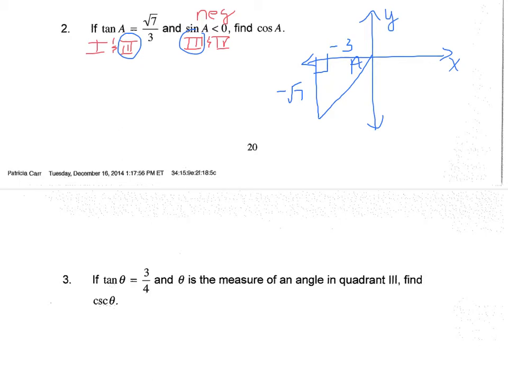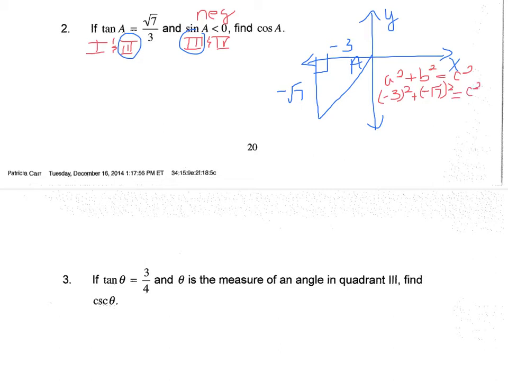It's not a Pythagorean triple, so I'm going to have to do a squared plus b squared equals c squared. So I'm going to go over to the side. A squared plus b squared equals c squared. I'm going to have a negative 3 squared plus a negative radical 7 squared equals c squared.